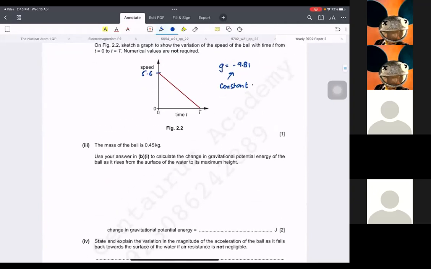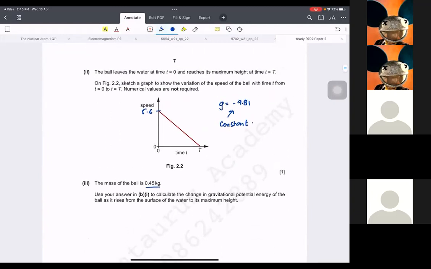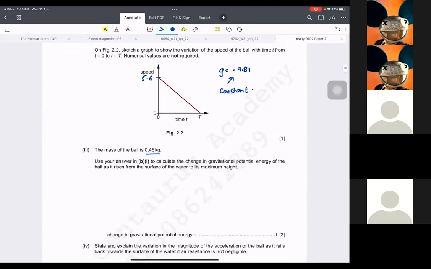Now it says the mass of the ball is this. Use your answer in B1 to calculate the change in gravitational potential energy as it rises. So the change in gravitational potential energy would be mgh. The mass was 0.45. This was 9.81.